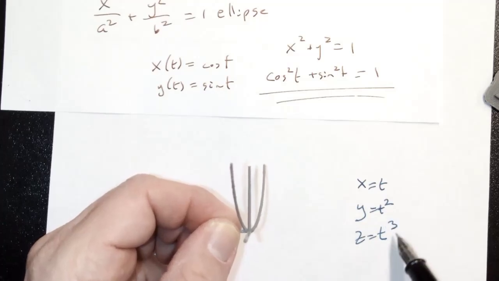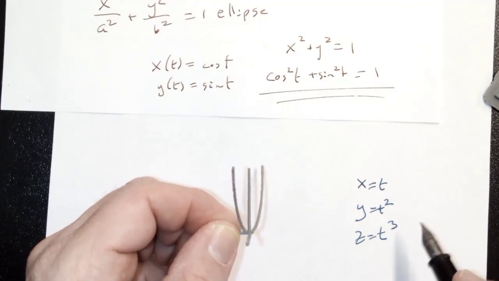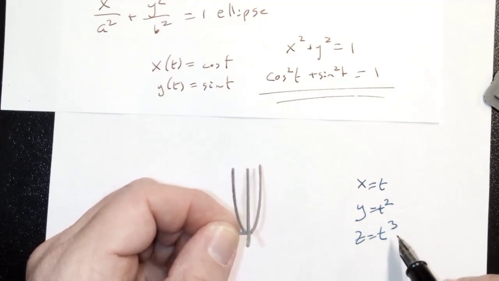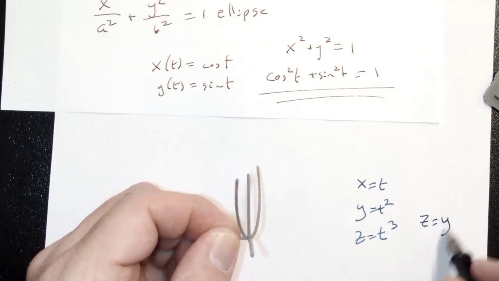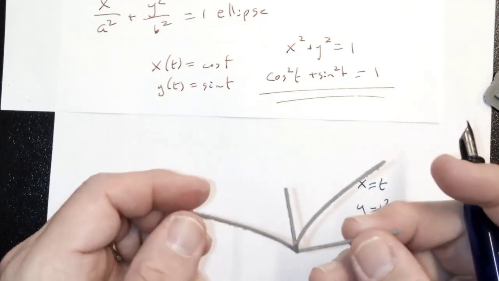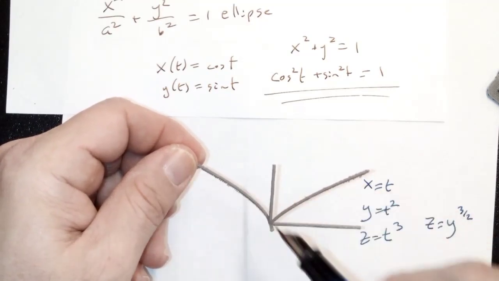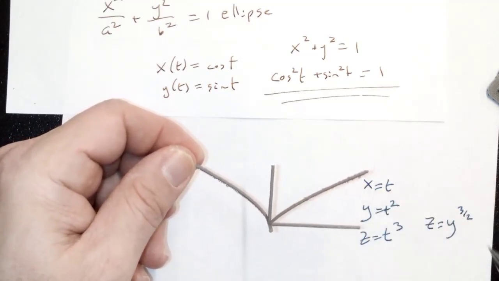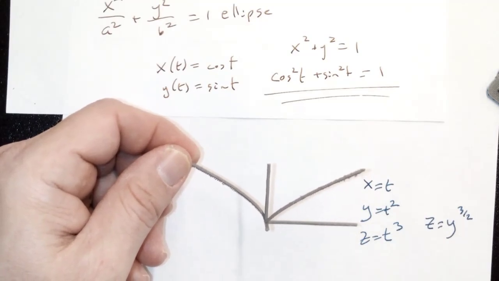If I look at it this way in z and y, then I should see t squared, t cubed. What is that? Oh, well, that means that z is y to the 3 halves. And that looks like a bird. So by looking at it in 3 different orientations, I can kind of play with the parametric behavior.